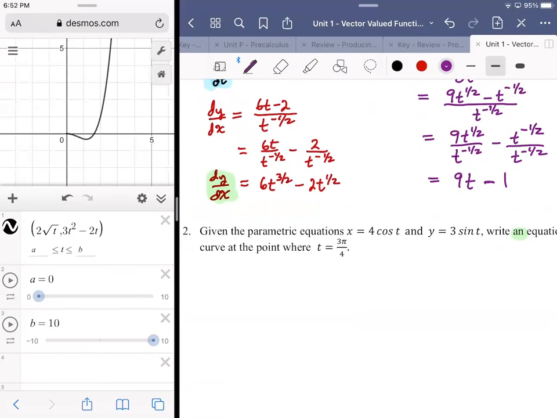Given the parametrics, okay. So dy/dt, all right, so we're focusing on this guy first. So derivative of sine is cosine, so 3 times the cosine of t. We need a dx/dt.